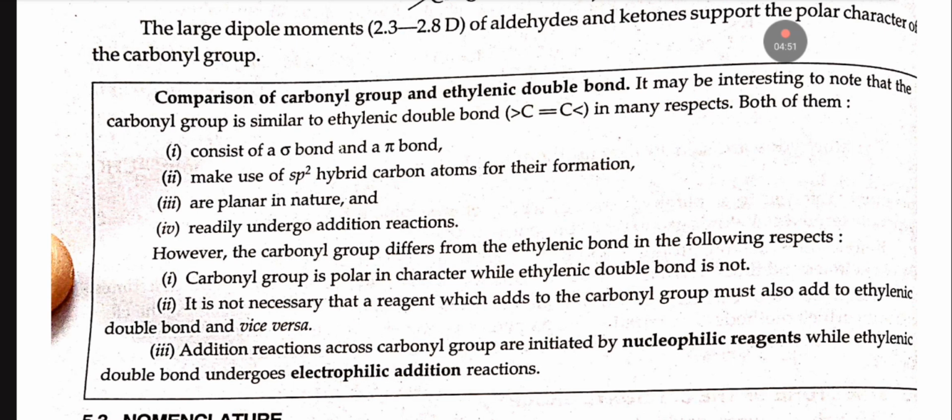However, the carbonyl group differs from the ethylenic bond in the following respects. The carbonyl group is polar in character, while the ethylenic double bond is not. It is not necessary that a reagent which adds to the carbonyl group must also add to the ethylenic double bond and vice versa. Addition reactions across the carbonyl group are initiated by nucleophilic reagents while the ethylenic double bond undergoes electrophilic addition reactions.